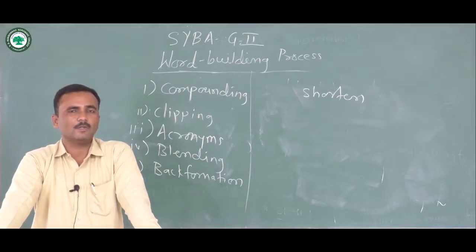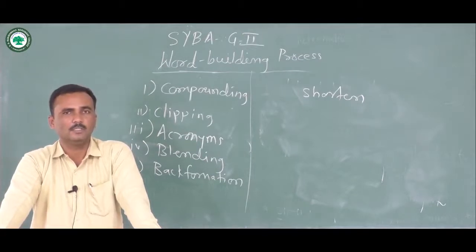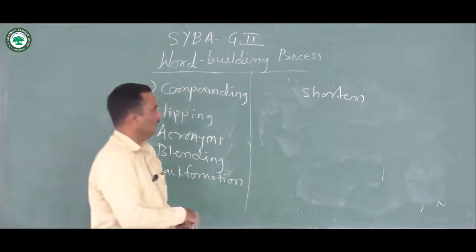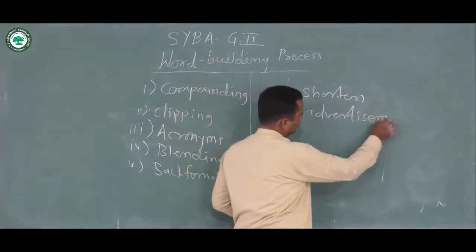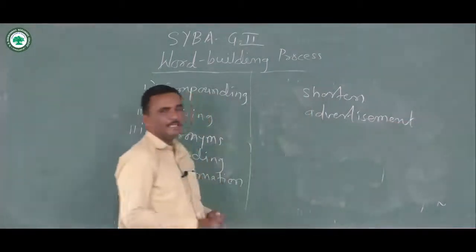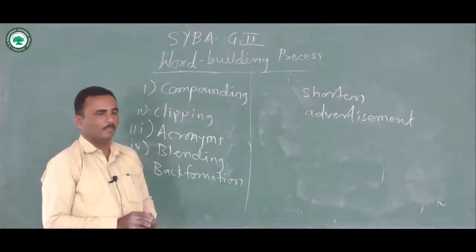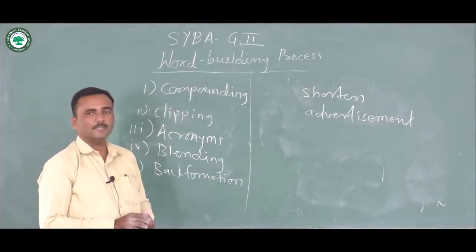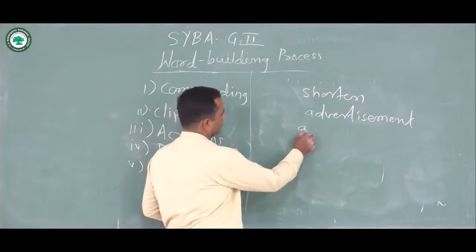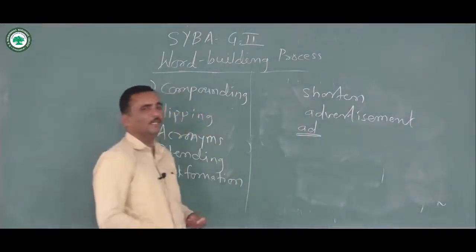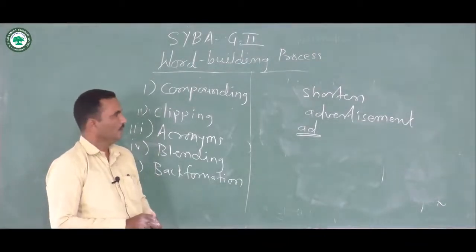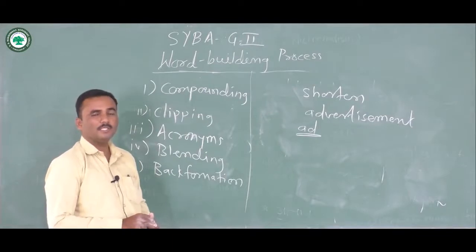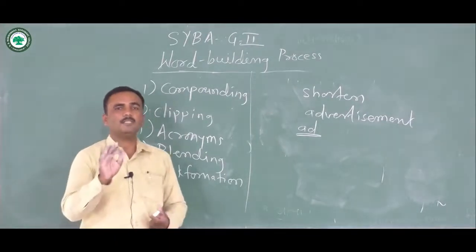In the English language, a number of words can be formed by the process of clipping, or shortening the word. For example, look at the word advertisement. Advertisement itself is a complete word, but when it is clipped, only the first syllable of the word is retained and the rest of the syllables are deleted or omitted. We have to keep in mind that clipping takes place in polysyllabic words.